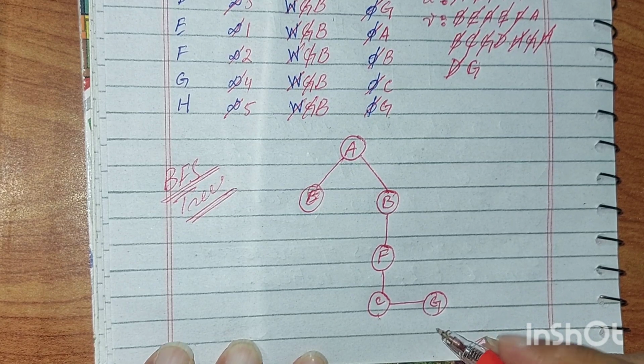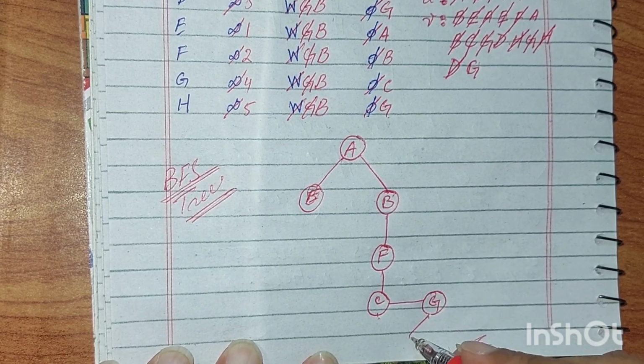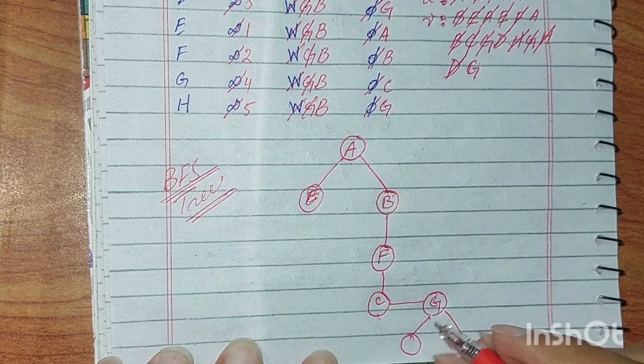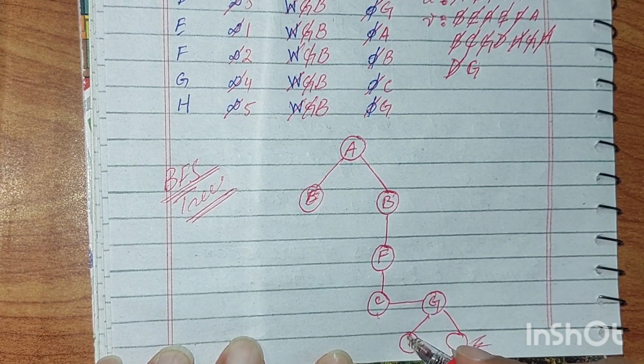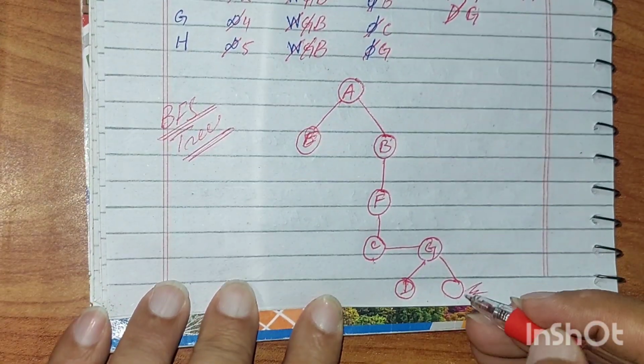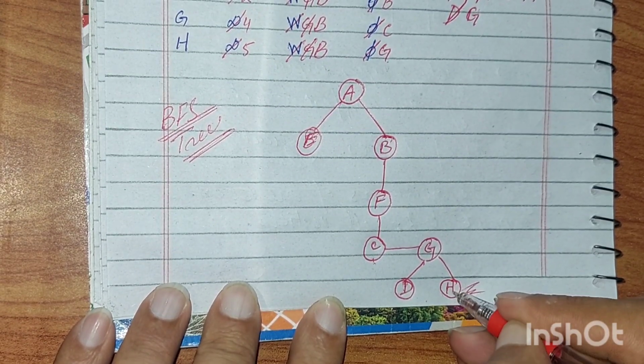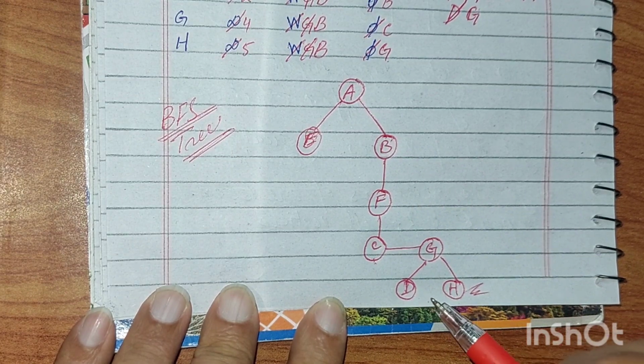From G there are two vertices, that is D and H. So this is a BFS tree.